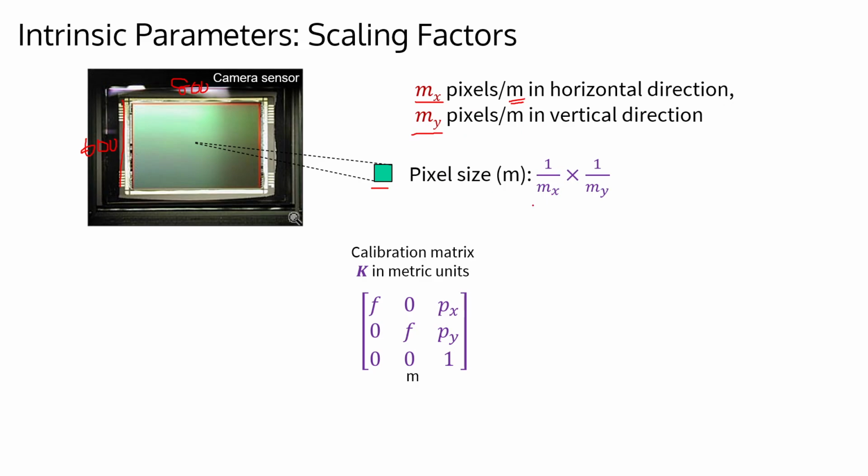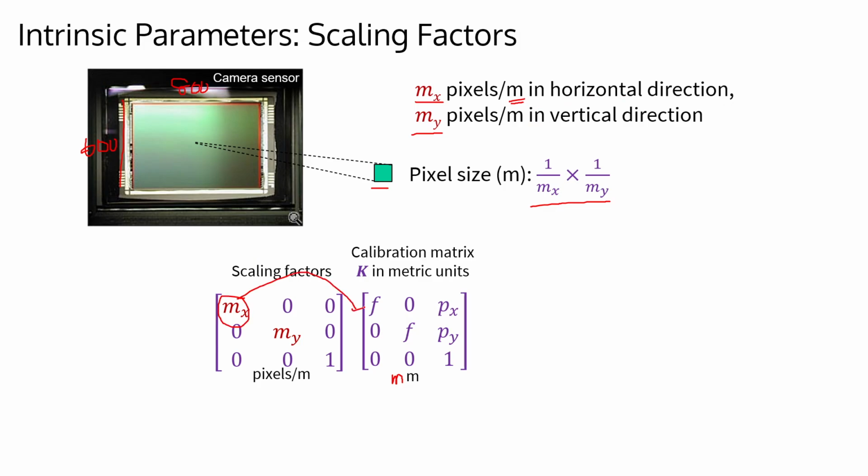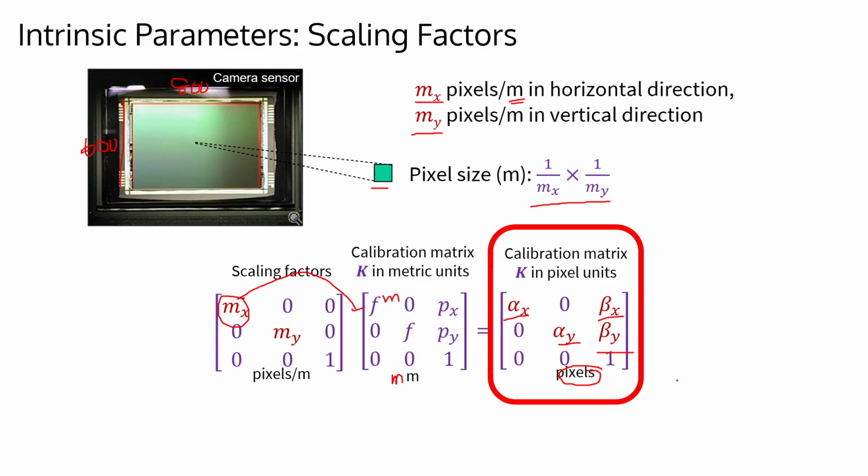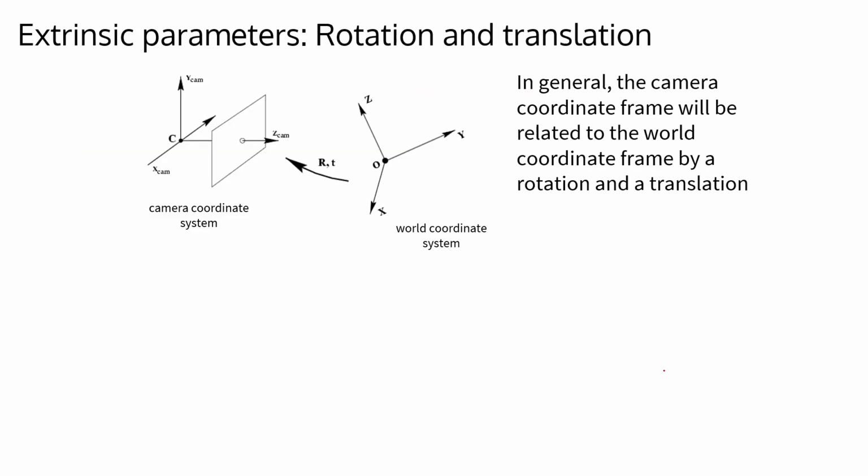So the pixel size would be 1 over mx and 1 over my, in millimeters. Now we have the scaling factors: pixels per millimeter in the horizontal direction mx. When mx multiplies something in millimeters, such as the focal length, you get pixels. So you have alpha x, alpha y, beta x and beta y. All these things are in pixels now. This is called the calibration matrix in pixel units.